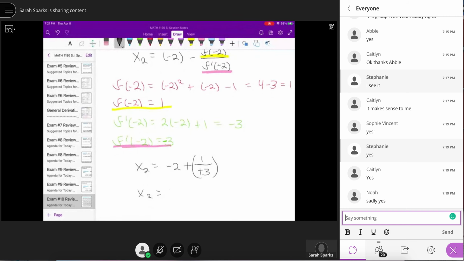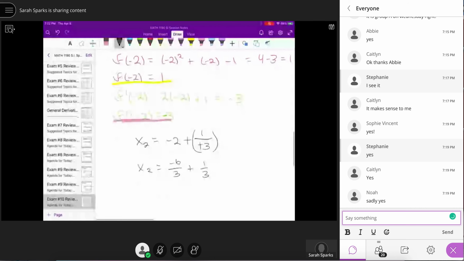We can write that -2 as -6 over 3; we just multiply 2 by 3 over 3 to get a common denominator. Plus 1/3. -6 over 3 plus 1/3 is going to equal -5/3. So that's our first value for x2. This is going to be one of our answers.